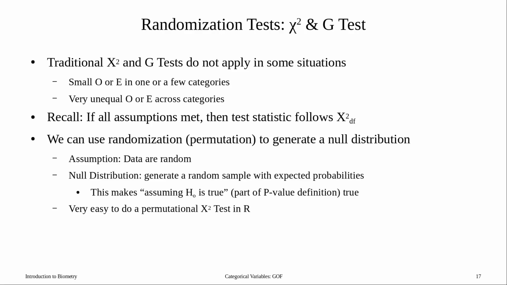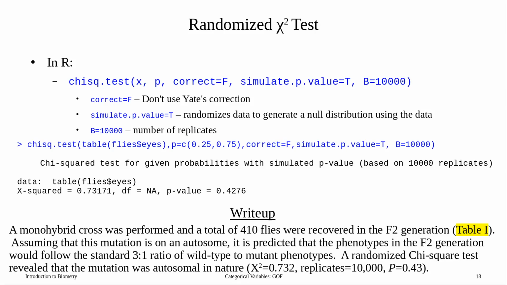So how do we do it in R? It's actually very, very easy. So in that R script, that chi-square.test function, there is something called simulate.p.value and a B. These two tell R to actually simulate your p-value, meaning perform the randomization tests.